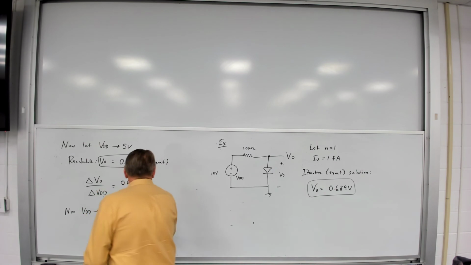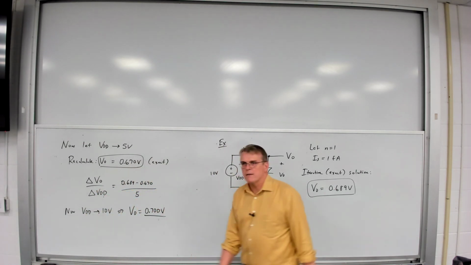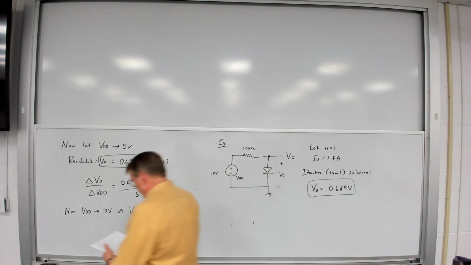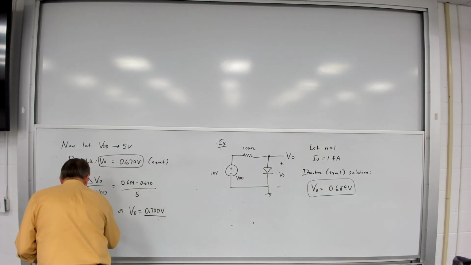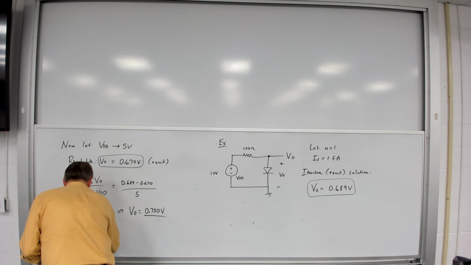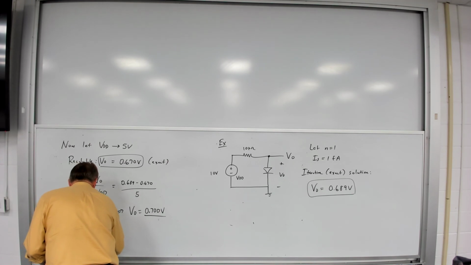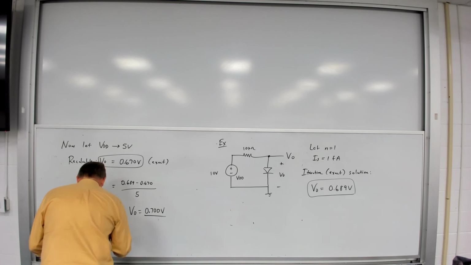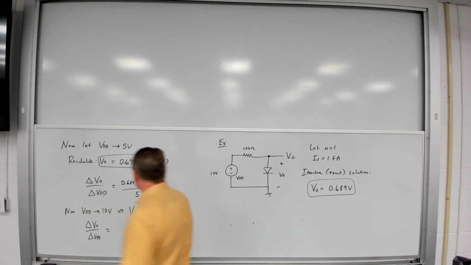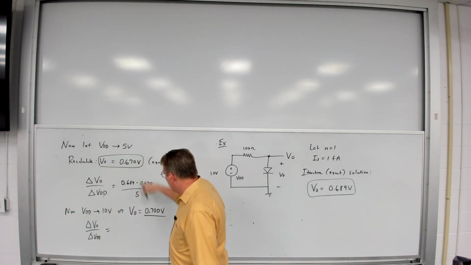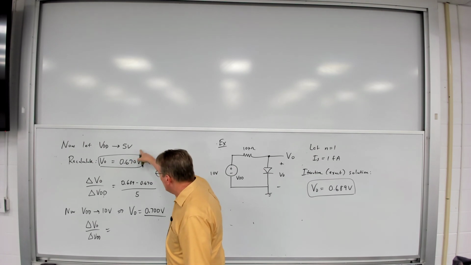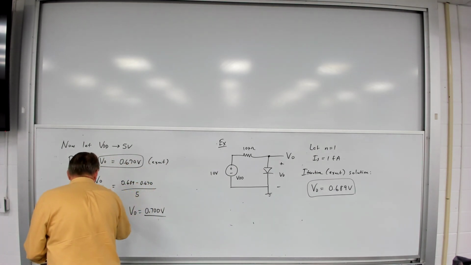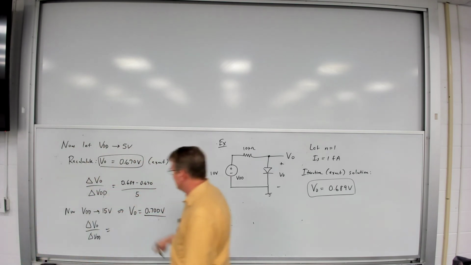Now the exact value is 0.700 volts. And now, therefore, delta V0 over delta VDD is equal to, in this case, I want to go from this value to this value. So I'm going from 5 volts to 15 volts. My apologies. That should be 15, not 10.